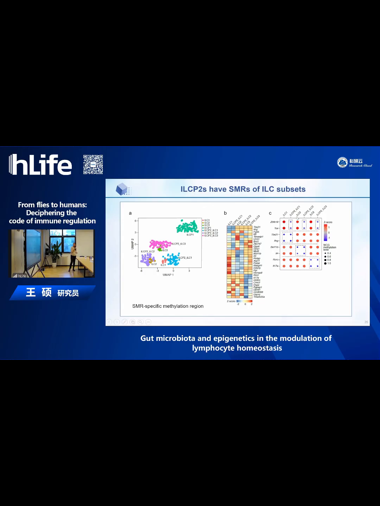Some ILCP2 have lower methylation levels in the ILC function genes and signature features similar to ILC1, some ILCP2 have signature features of ILC2, and ILC3 shows a similar phenomenon. That means that ILCP2 has heterogeneity in their methylation level, and they also have what we call specific methylation regions of the ILC subsets.